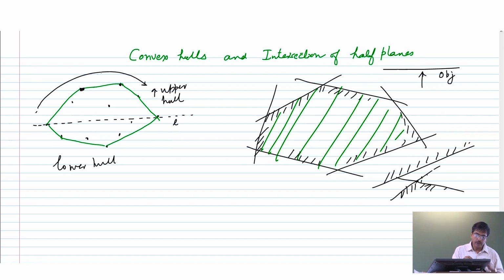The corner points are those through which you can draw a supporting line, right. Let me use a different color. So a corner point is essentially a point through which I can draw a line that will not intersect the convex hull. And the boundary of the convex hull is basically supporting lines, moving like this.